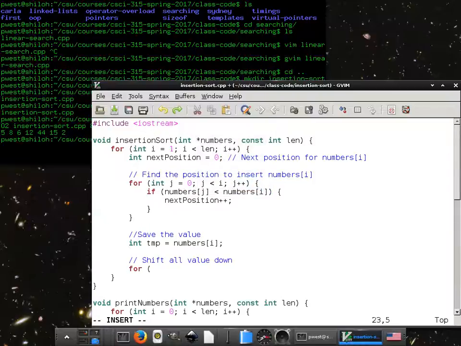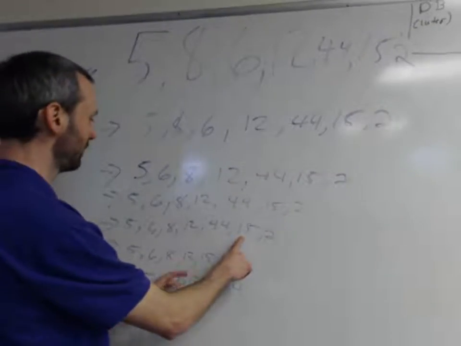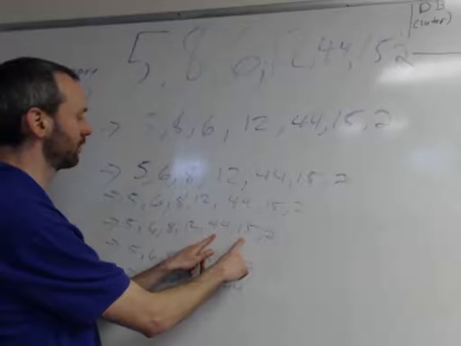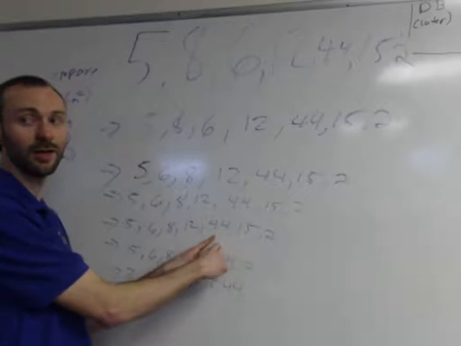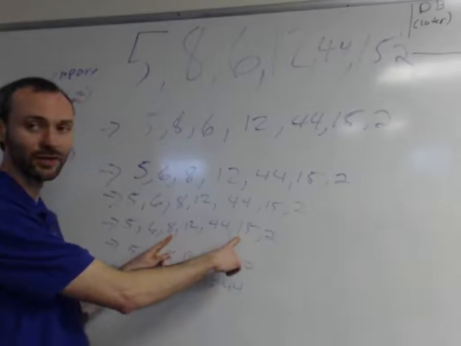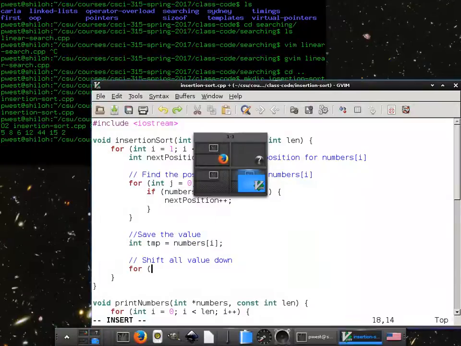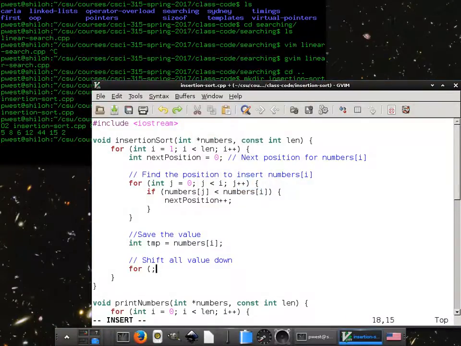Oh, now I know what I did. Okay. So 15 needs to go here. So where are we starting? Well, here it happens to be I minus 1, but it may be somewhere in the middle. So it's actually at next position. We'll just use next position.